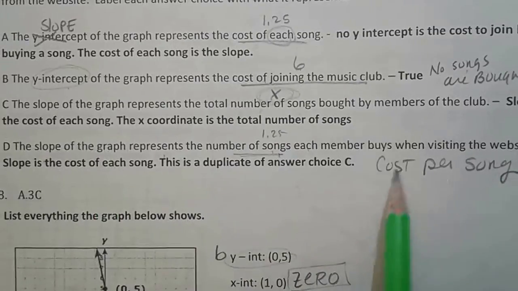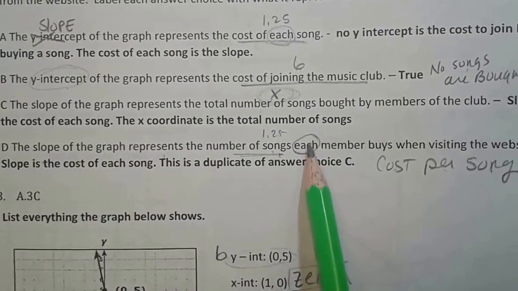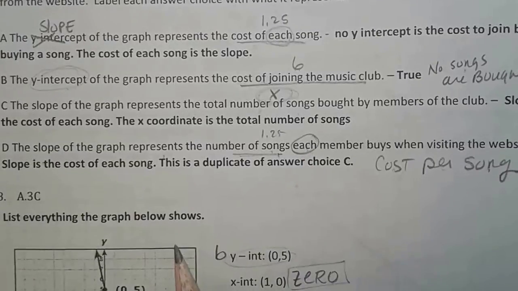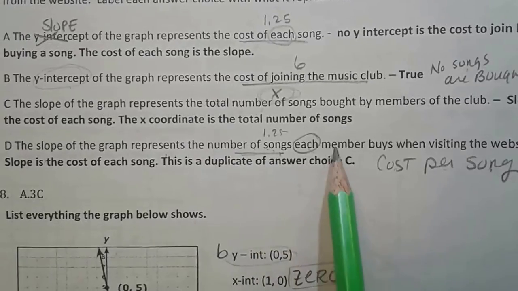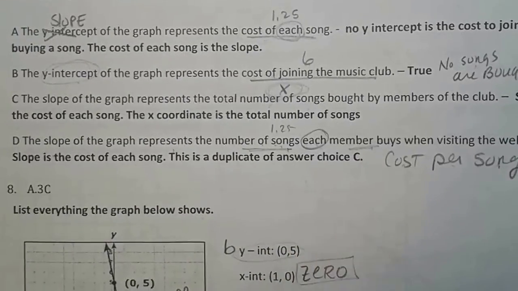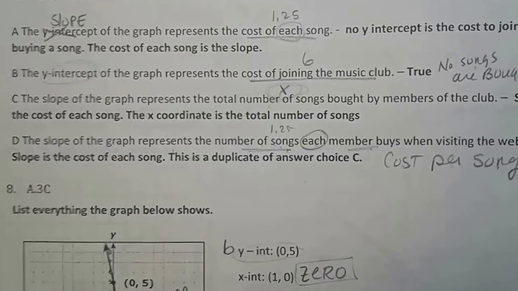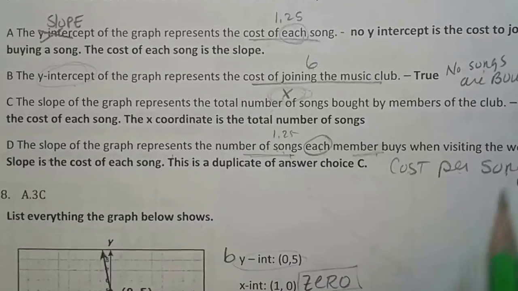No, the slope is the cost per song. Be careful, just because you see the word each, every, or per, doesn't mean it's talking about the slope for that problem. This problem is not measuring the number of songs and how many members. This problem is measuring the cost and the number of songs that you buy.